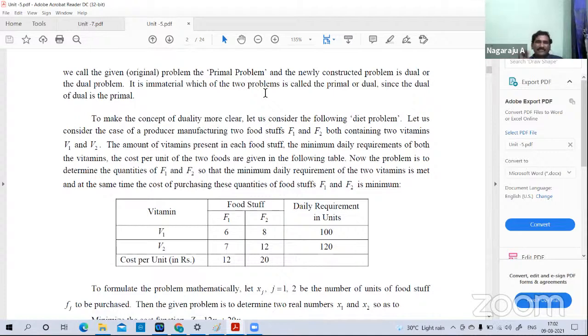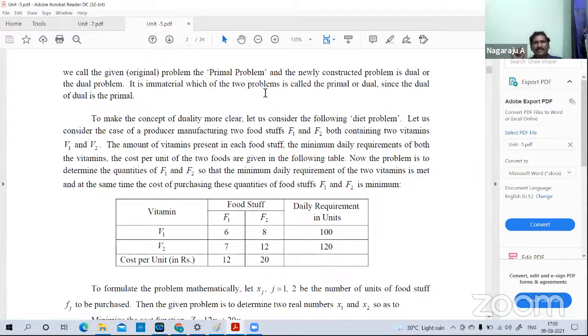Now let us consider the case of a producer manufacturing two foodstuffs, F1 and F2, both containing two vitamins, V1 and V2. The amount of vitamin present in each foodstuff, the minimum daily requirements of both vitamins, and the cost per unit for the two foods are given in the following table.